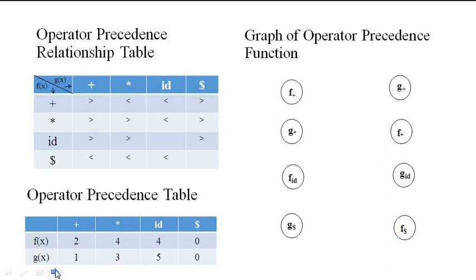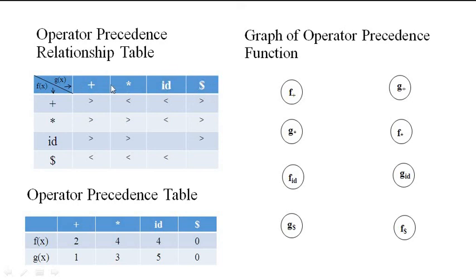So for E gives E plus E, E gives E star E, and E gives ID. In this grammar, we have three input operators: plus, star and ID. For end of string, there is one dollar sign.